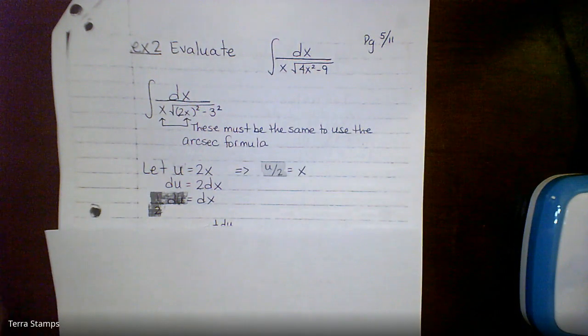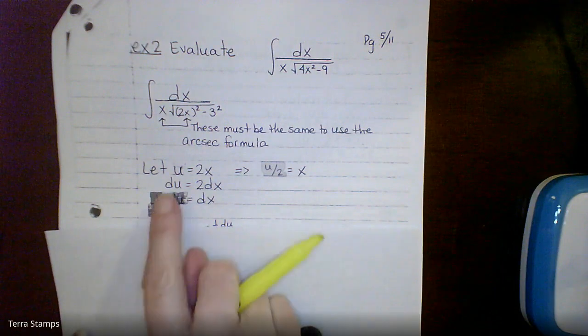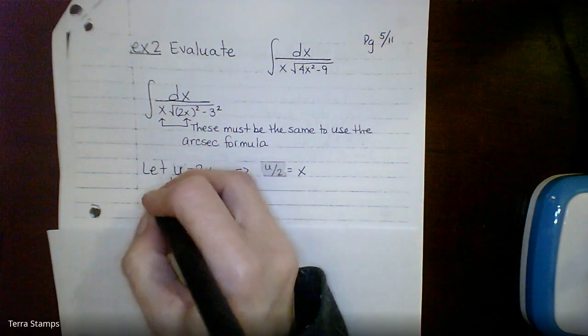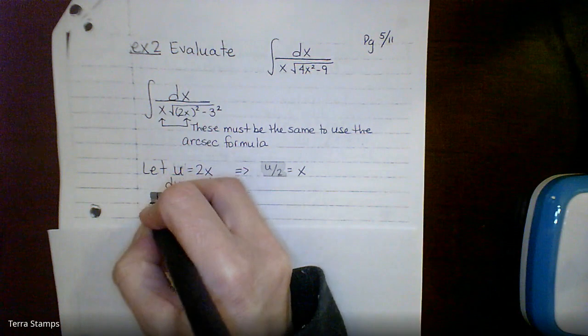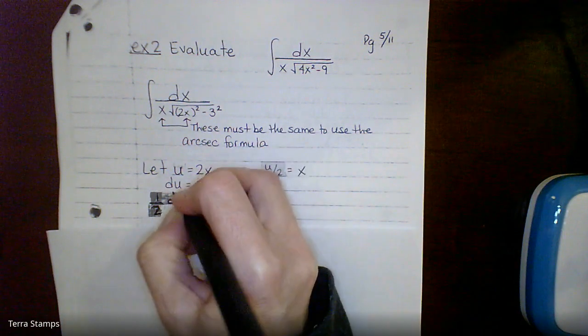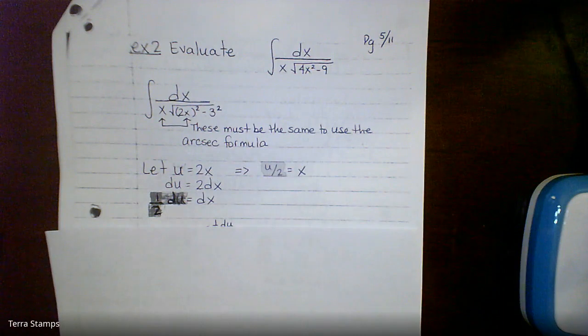If I let u be 2x, then my du is 2dx. I'm going to divide both sides by 2. This is a copy of my scanned notes, and it was a black and white copy. The color in my printer is out.